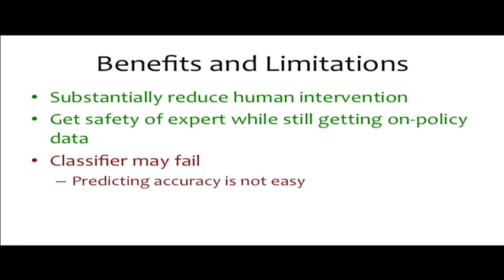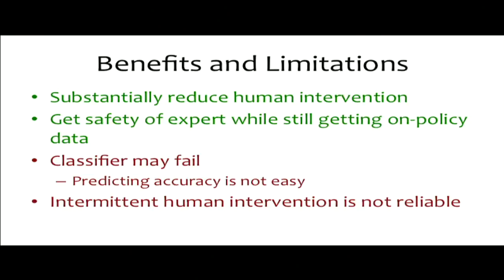Predicting the accuracy isn't easy, and there are scenarios where your classifier might not have been trained on some states, so it might think your policy will be good on states it didn't anticipate. And lastly, intermittent human intervention isn't reliable. It's hard to ask a human to immediately take over at any given point. So any questions on this before I move to the next method?